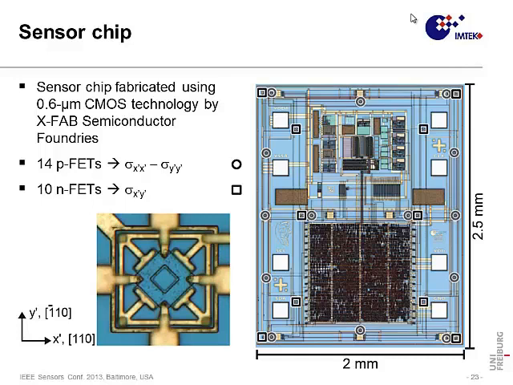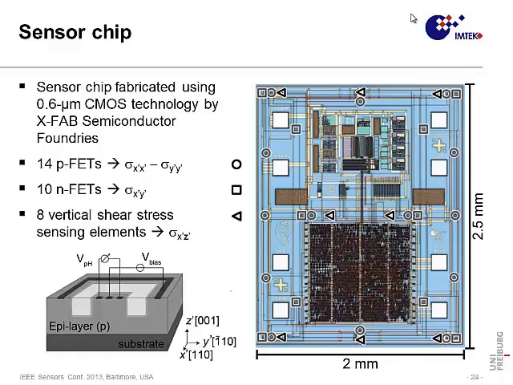We have 10 NFETs that monitor the in-plane shear stress component, indicated by the squares here, at the corners, strategic positions where we integrate them. And finally, we have 8 vertical shear stress sensing elements, and they monitor the out-of-plane shear stress component, either X prime Z prime, or Y prime Z prime.